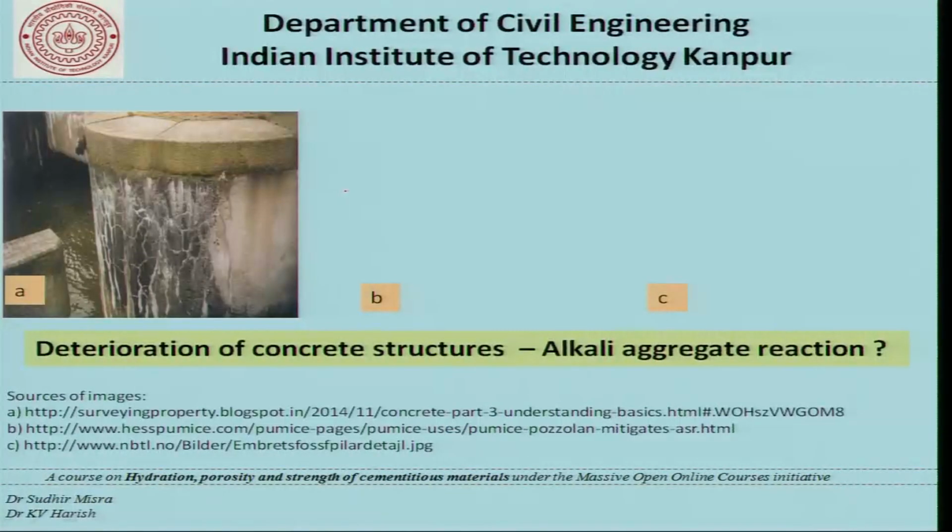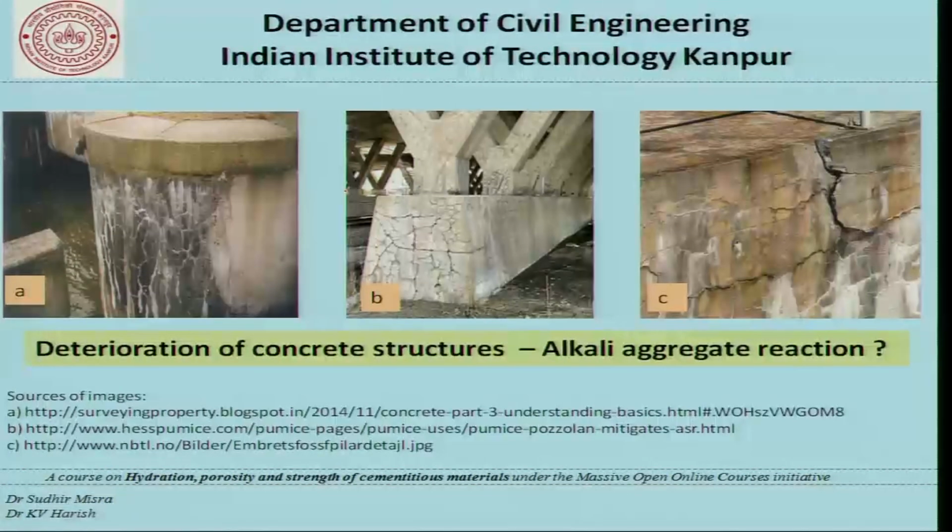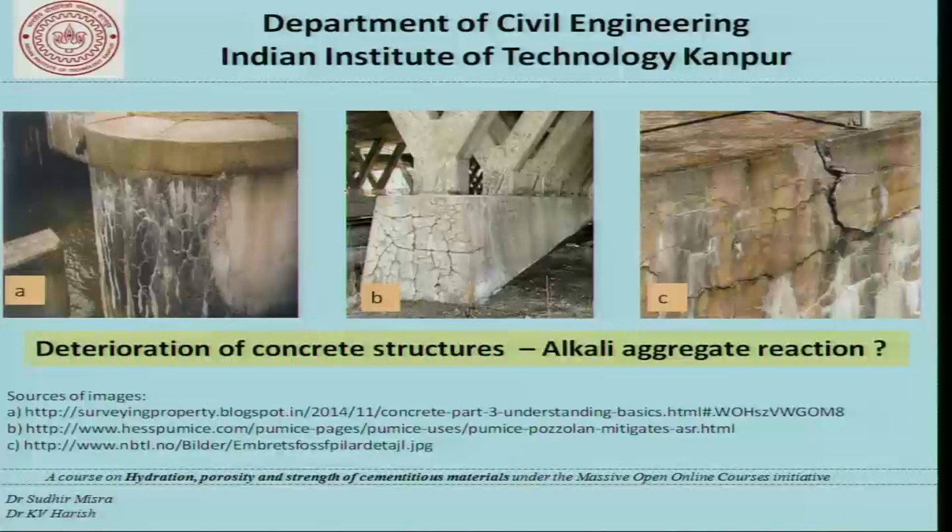Now, here are examples of concrete structures where we could say that it is suspected alkali aggregate reaction, and that is, in this case, the aggregates which we thought are largely inert are not really inert, and we have a reaction of the aggregates with the sodium, potassium and the hydroxyl ions in the cement paste, and that is what is causing a deleterious action, including formation of cracks, appearance of the white gel and so on.